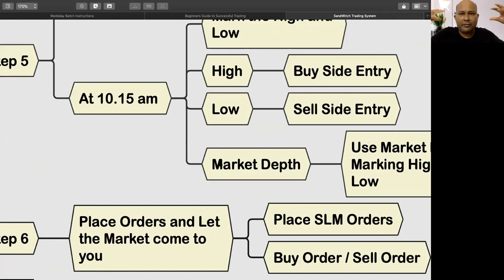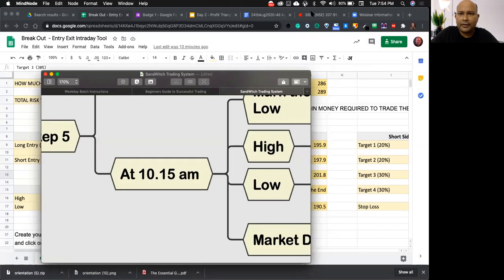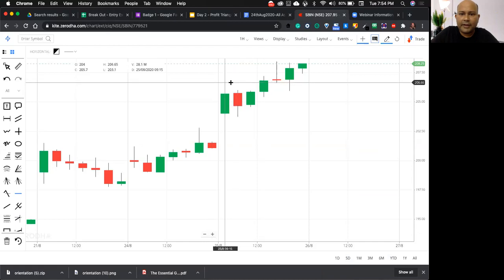If you are just starting and you don't know what the stop loss and the target are, it's very simple. Let me tell you a practical example.